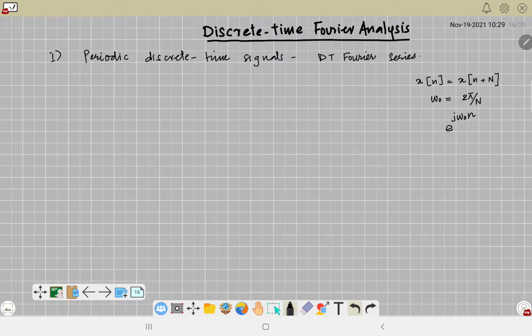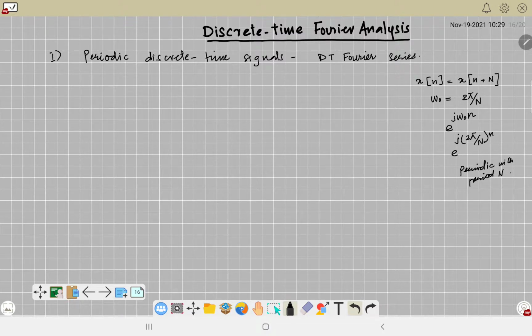If you express it in terms of the fundamental period, we can say e raised to the power j 2 pi by N n. This signal is periodic with period N, capital N.